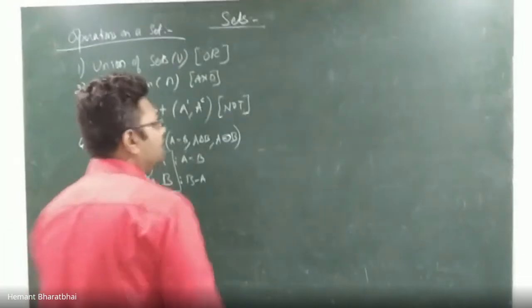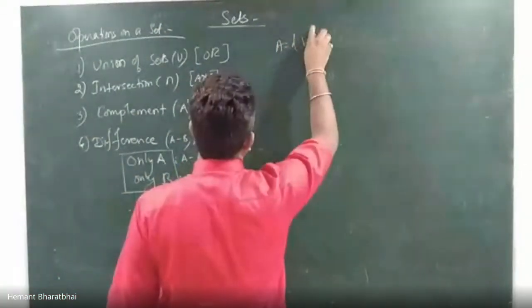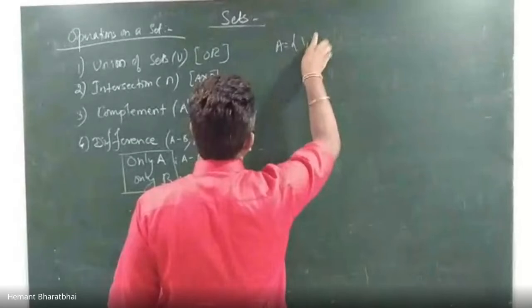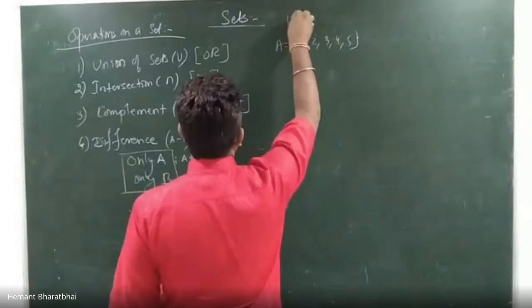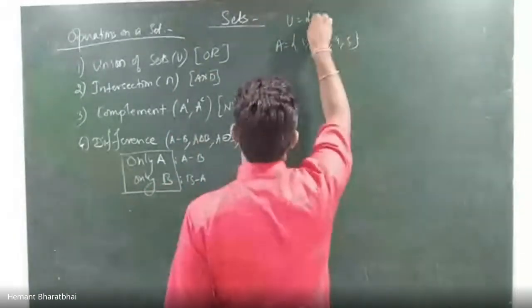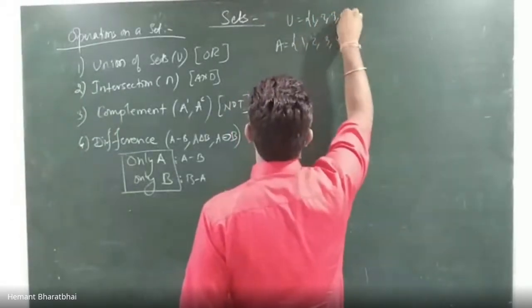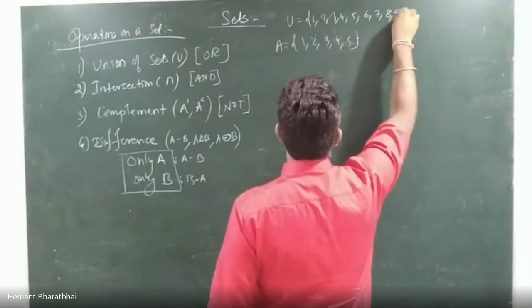So let's try to understand. There is a set A having elements 1, 2, 3, 4, 5. There is a universal set U having elements 1, 2, 3, 4, 5, 6, 7, 8, 9, and 10.